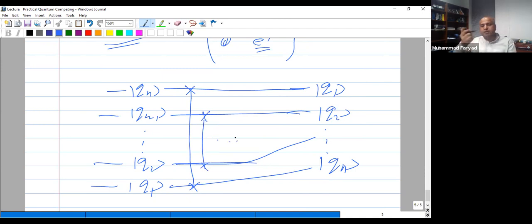So after the swapping operations, this Q1 goes to the top and Qn goes to this last part, and so on. So the swap operations are needed when you want your output aligned in the same way as at the input. And let me just compute the total number of operations.